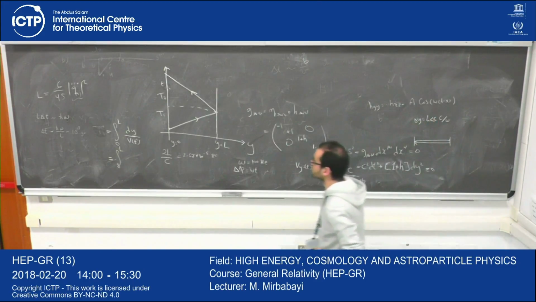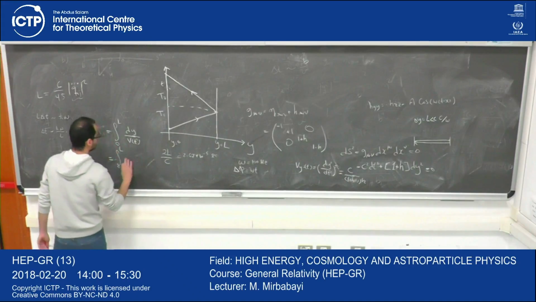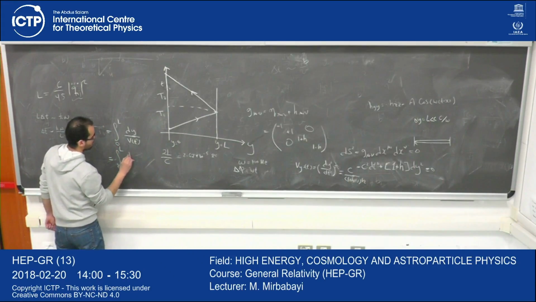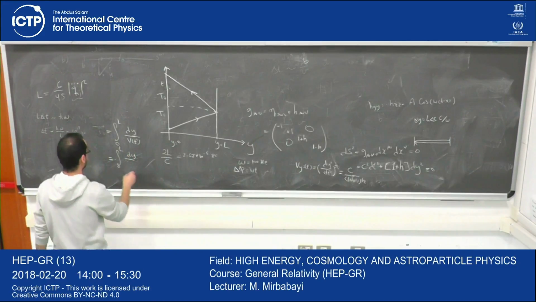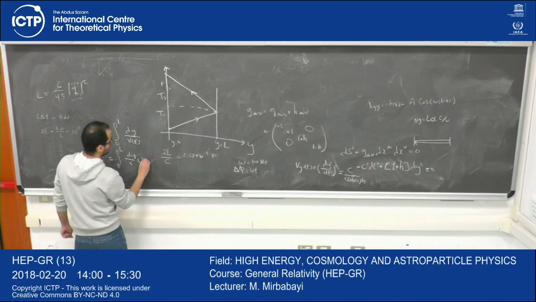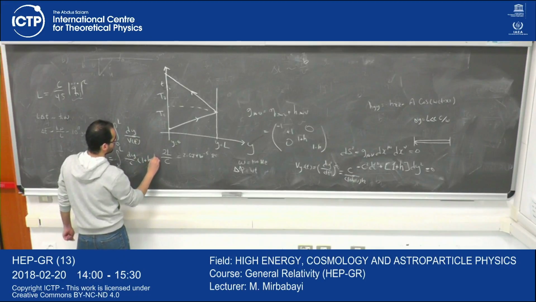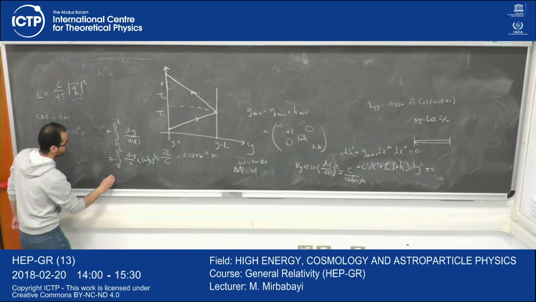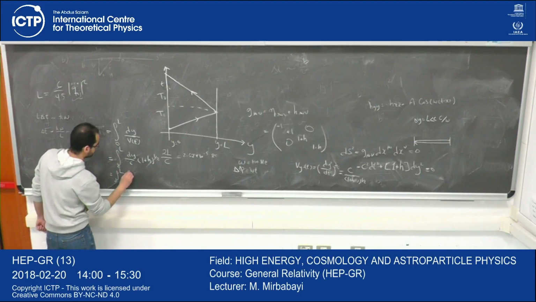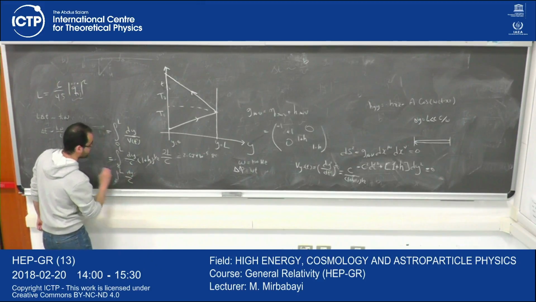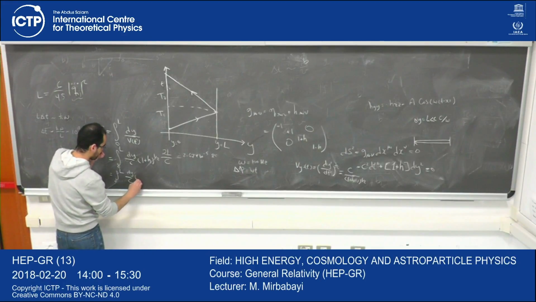That's fine. So we have dy over v, where v is c over (1 plus h) to the power half, which is the integral from 0 to L of dy over c times (1 plus half h).